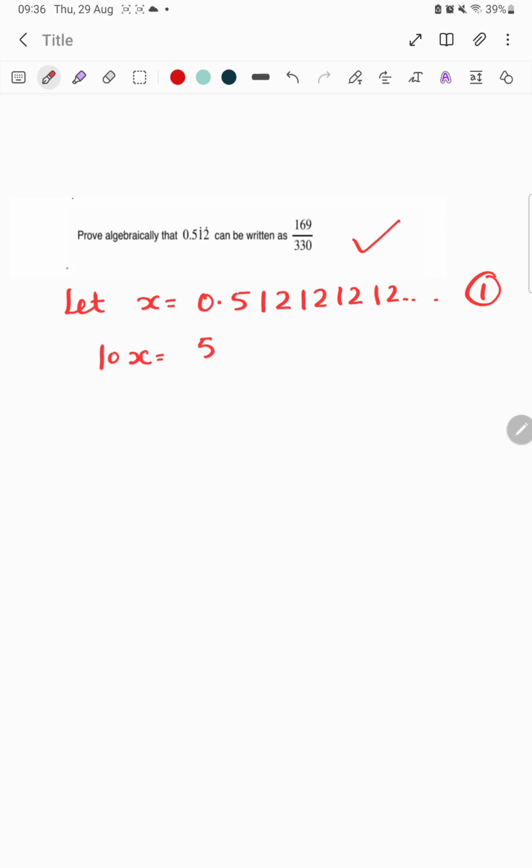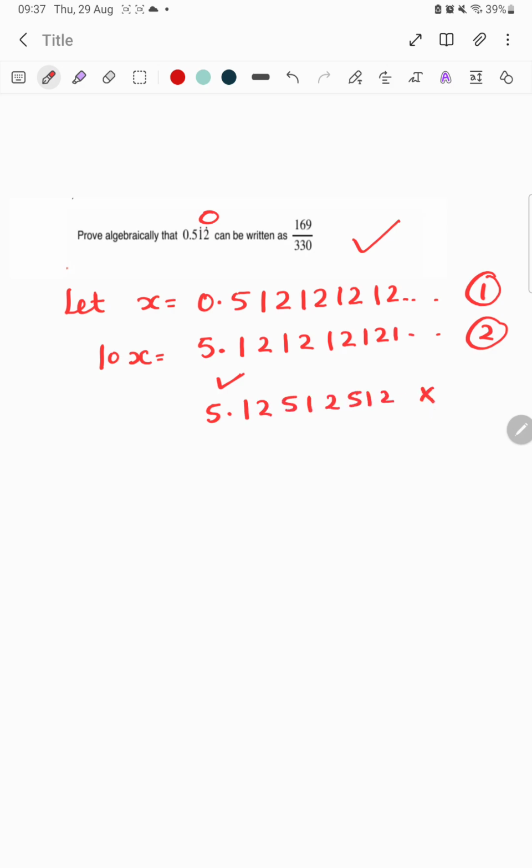So I will get 5, and the digits will be moved towards the left side: 5.1212121 and so on. Make sure you move the digits properly and only write the repeated digits. Sometimes students make a mistake at this point, writing 5.12 and then again 512, 512.